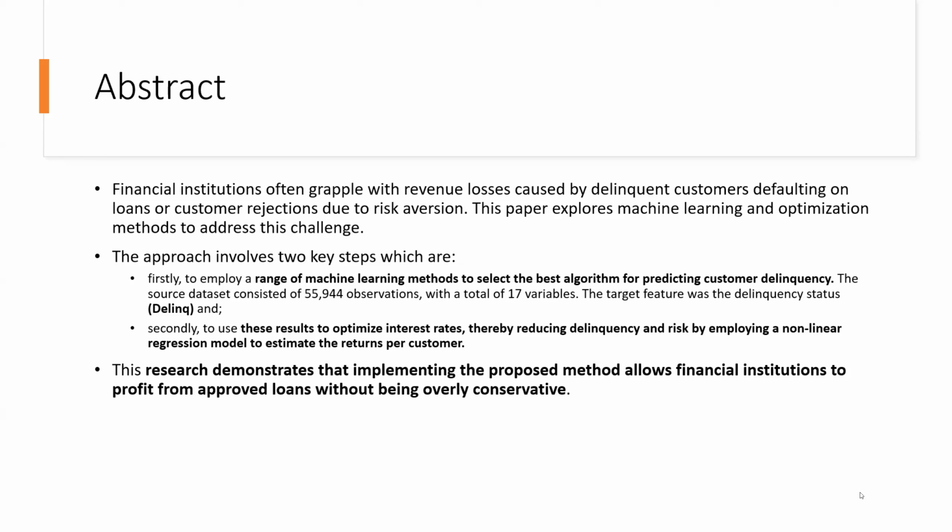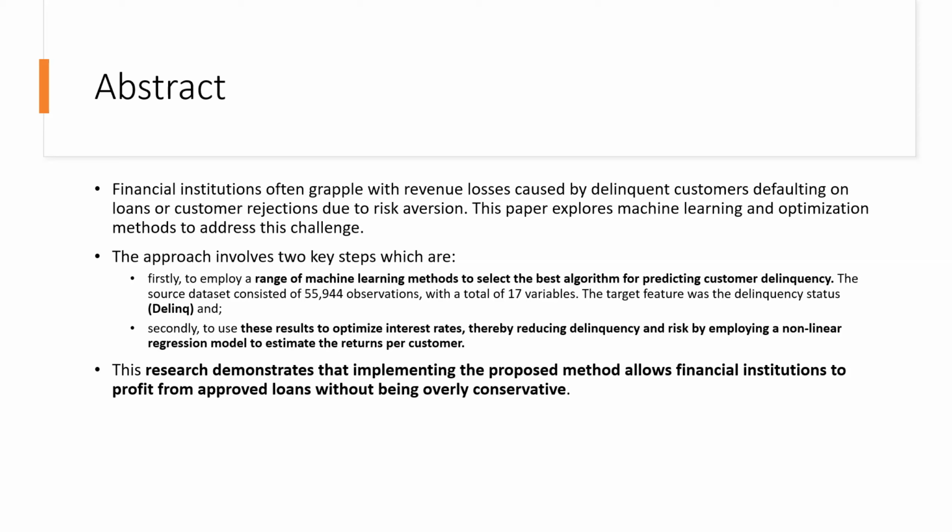What we attempted to do, and I think we were successful in how we employed it, was we looked at machine learning methods to select the best algorithm for predicting customer delinquency. And just for context, the source data set was about 56,000 observations with 17 variables. And the target feature was, of course, delinquency status.